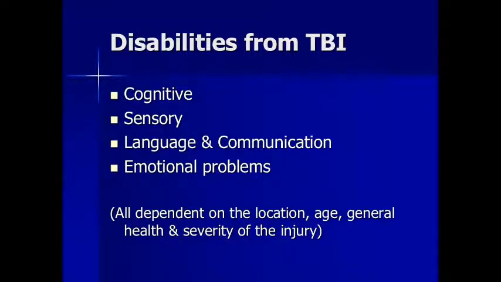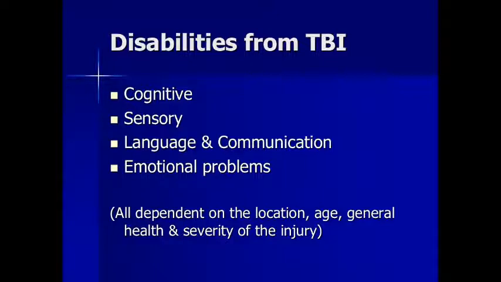So what do we know about disabilities from traumatic brain injuries? Well, we know that disabilities are dependent on the severity of the injury, the location of the injury, and the age and general health of the patient. So the areas that we're looking at are first cognition, then sensory, then language and communication, and finally emotional problems.